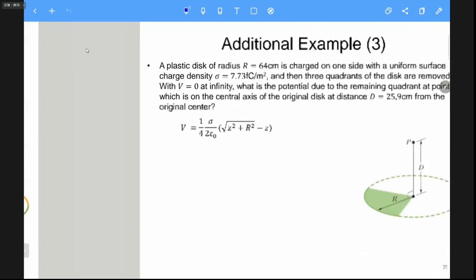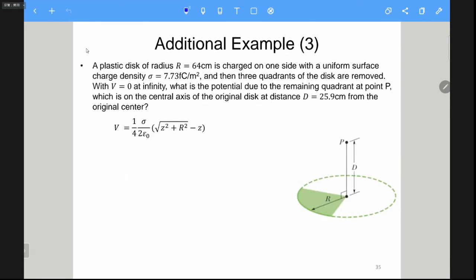Okay, so here we have another sample problem. It says a plastic disc of radius r equals 64 centimeters is charged on one side with a uniform surface charge density sigma, and then 3 quadrants of the disc are removed.